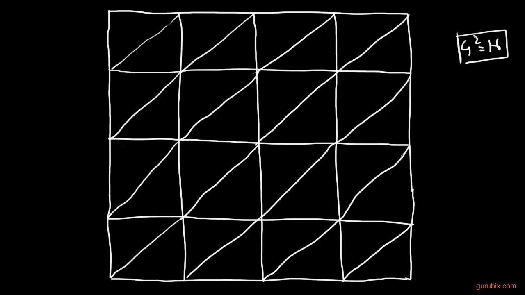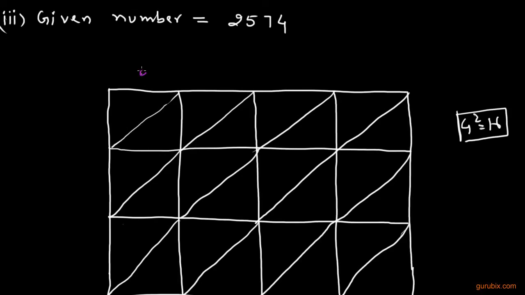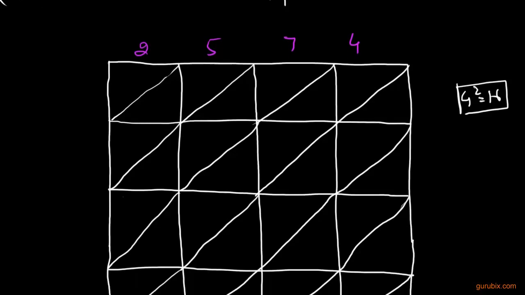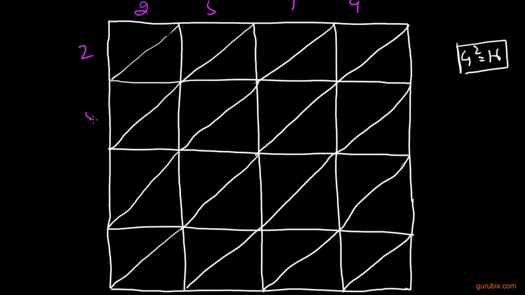And now we shall write the numbers like this: 2, 5, 7, 4, and here 2, 5, 7, 4. And now we shall start multiplying these numbers. 2 with 2 is 4, and we can write 4 like this. And if we multiply 2 with 5 we get 10, we can write it like this. 2 with 7 to get 14, and 2 with 4 means 8, and 8 can be written like this.